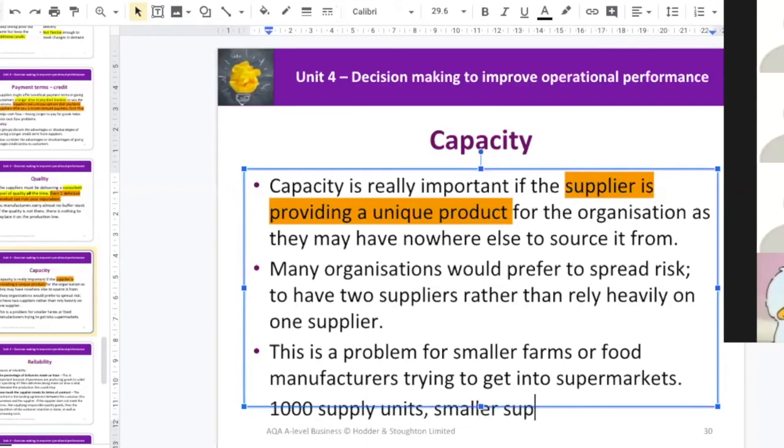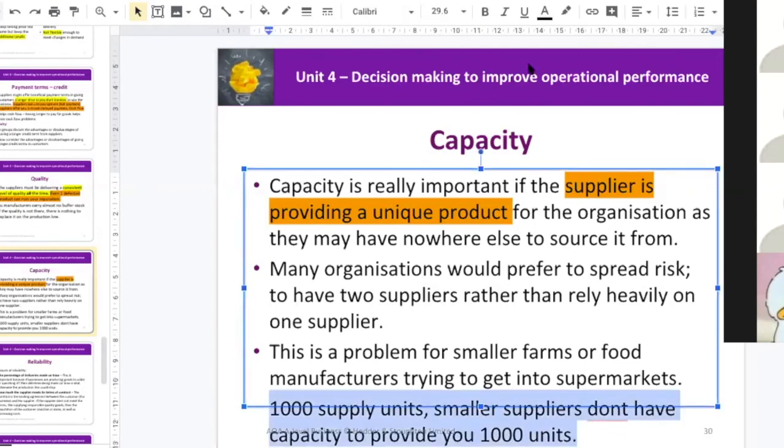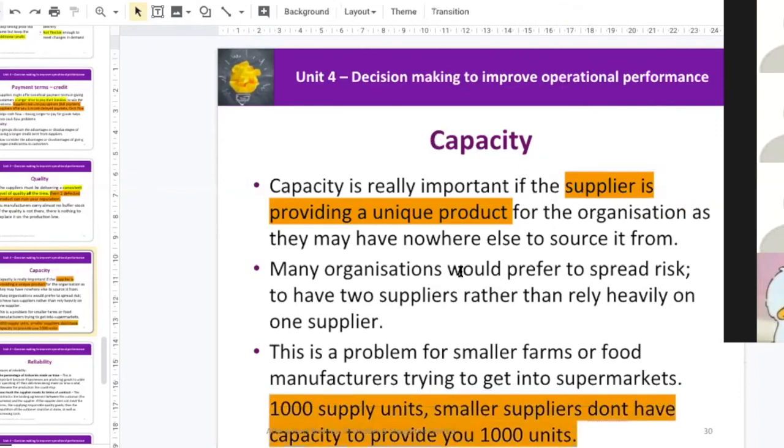Smaller suppliers do not have the capacity to provide you 1,000 units, because some smaller suppliers' capacity utilization maybe is only 500. So when you pick your supplier based on capacity, you need to make sure you can't find something from elsewhere. They are the perfect supplier to you.